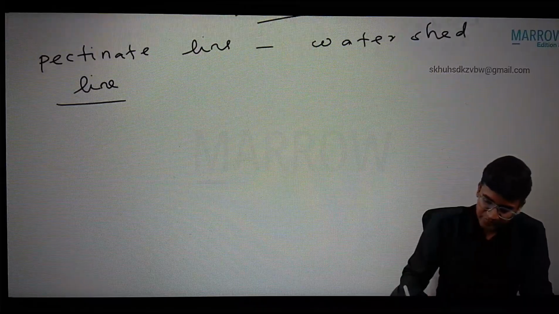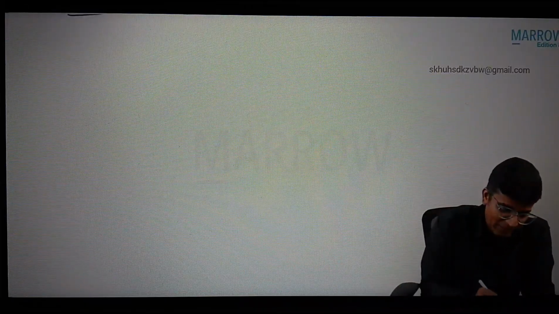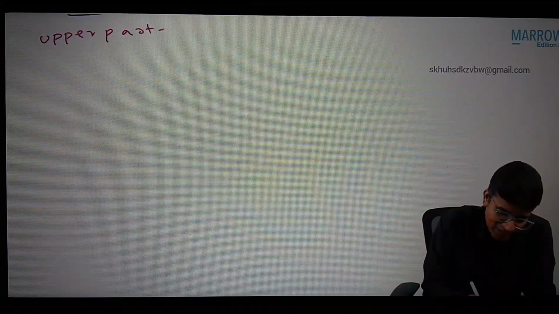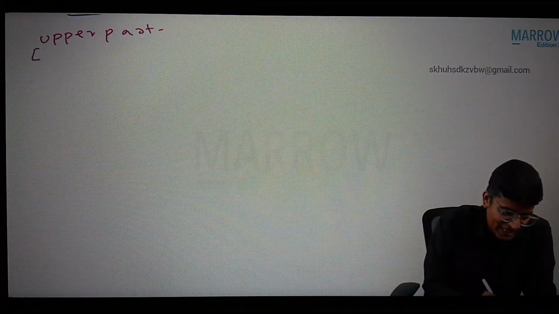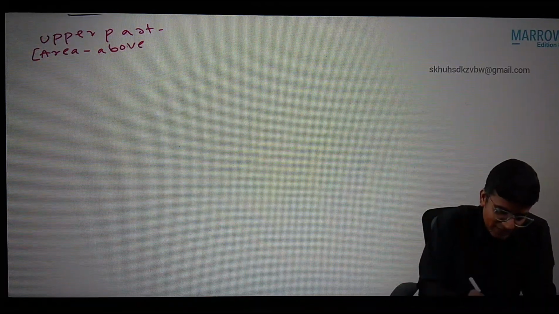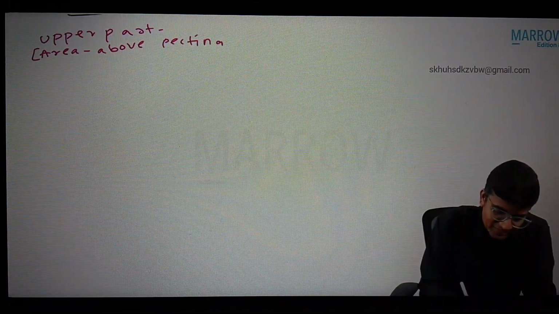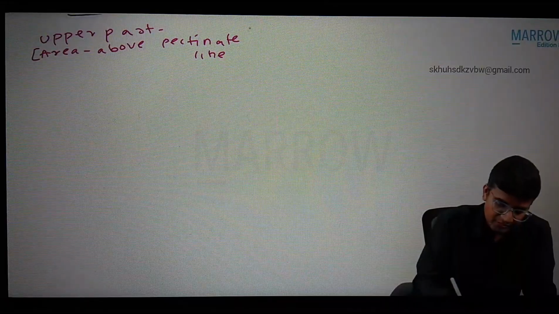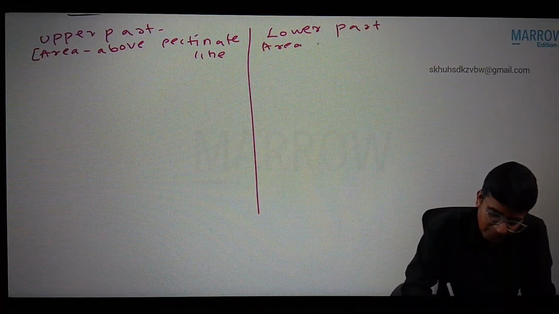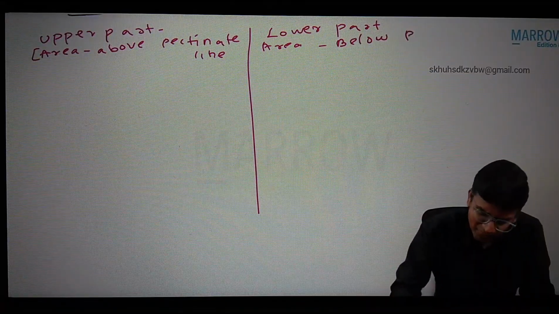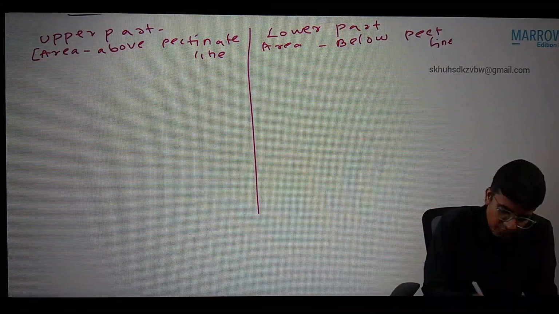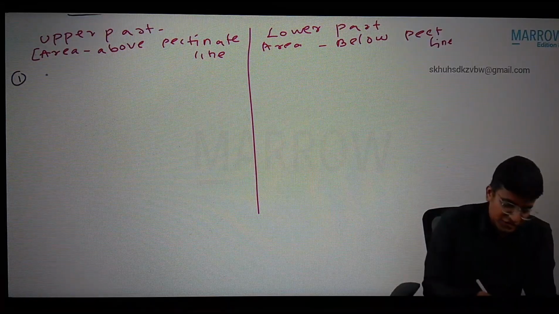Now we're going to write the difference between the upper part and the lower part. The upper part of the anal canal is the area above the pectinate line, and the lower part is the area below the pectinate line. Number 1, source.